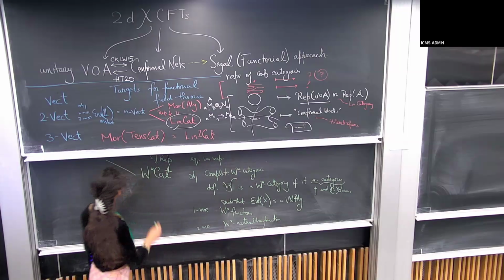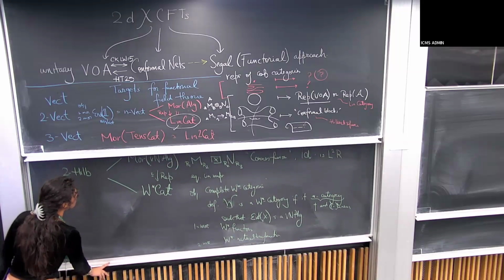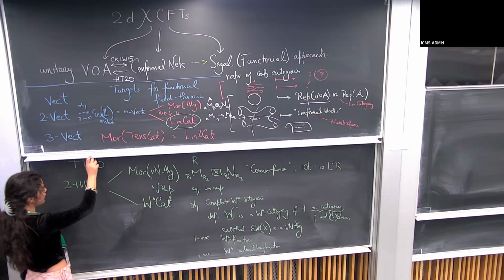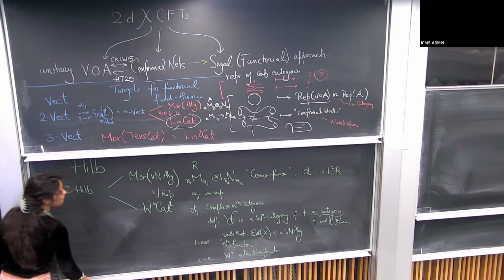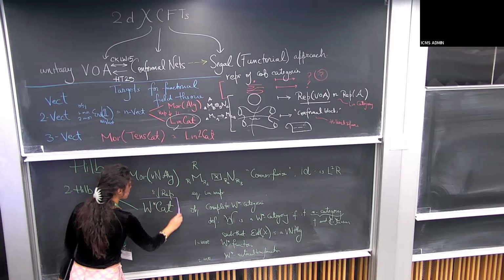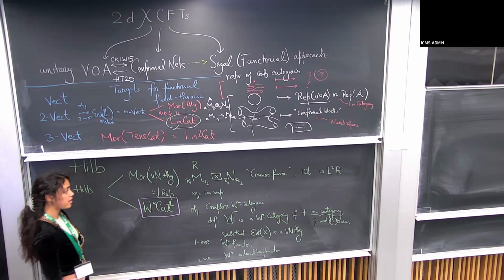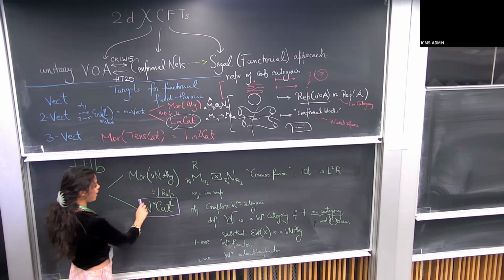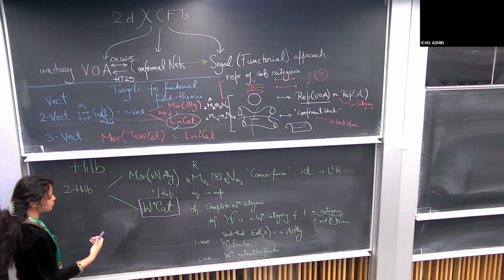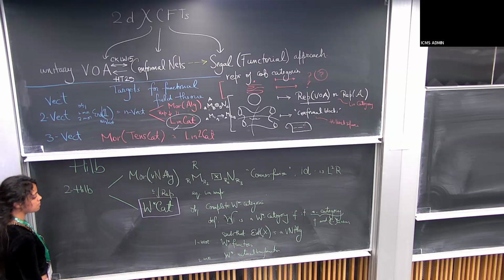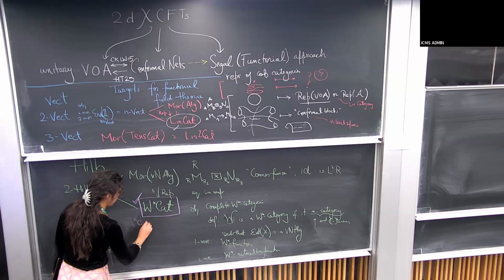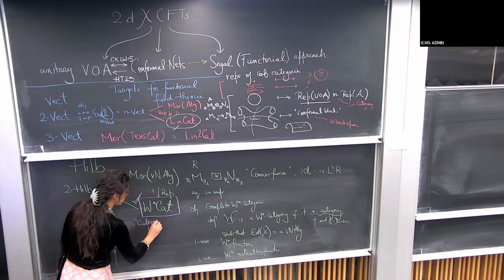Okay, so what I want to stress is that these behave a lot like Hilbert spaces. They admit an inner product, and that inner product satisfies something very similar to the Riesz representation theorem. So they genuinely are like categorified Hilbert spaces.